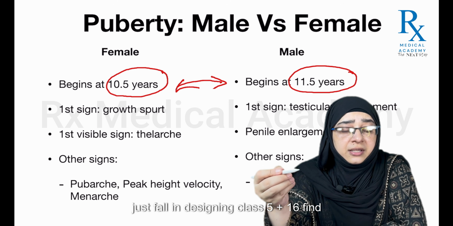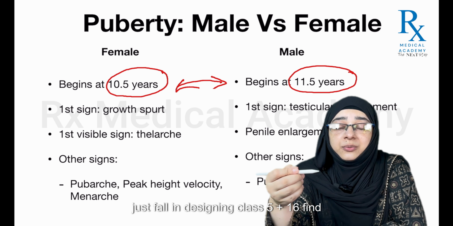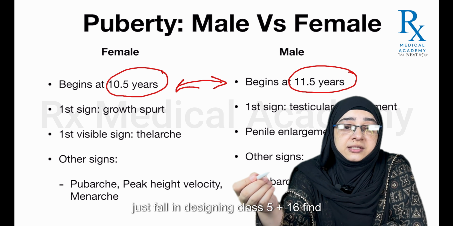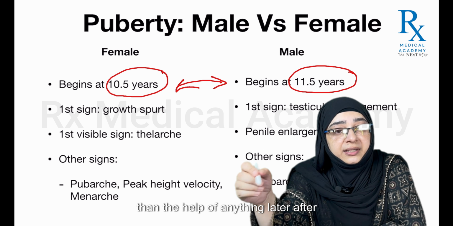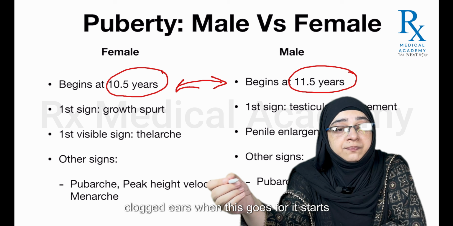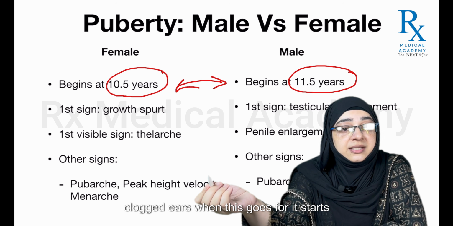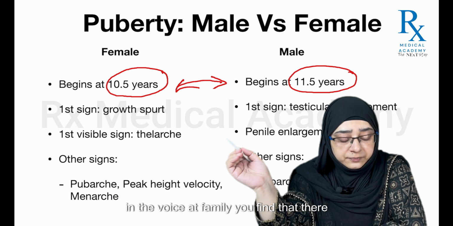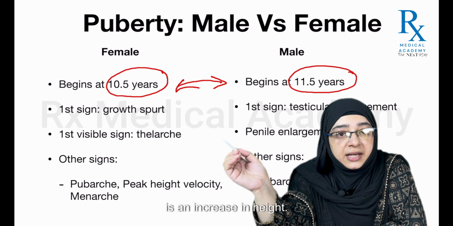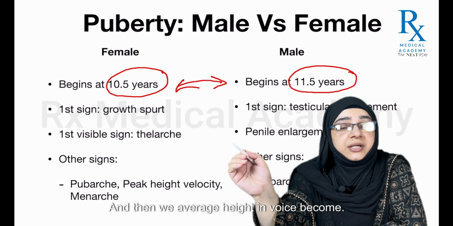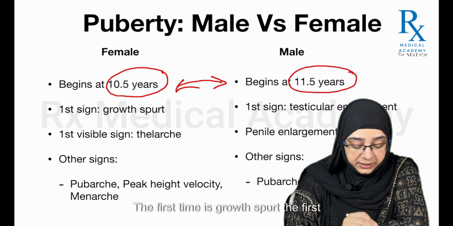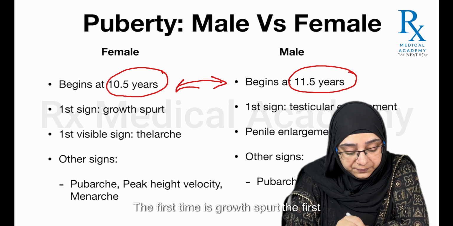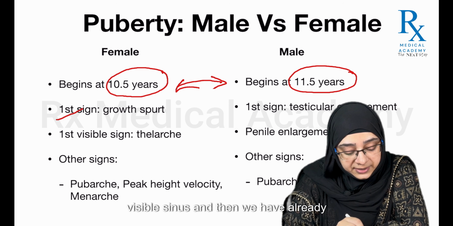That is the reason, if you recall, that when girls are in class 5, class 6, you find that the average height of girls is more than the height of boys. It's only later, after a couple of years, when the growth spurt starts in the boys, that suddenly you find there's an increase in height, and then the average height in boys becomes much higher than that of girls.